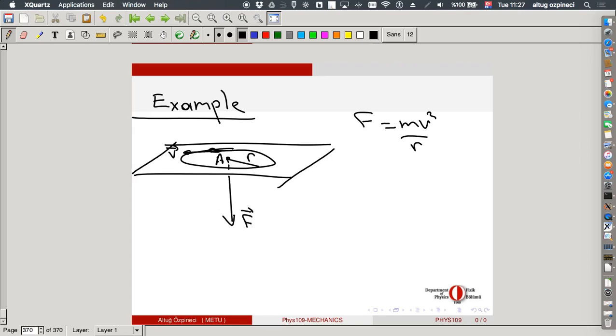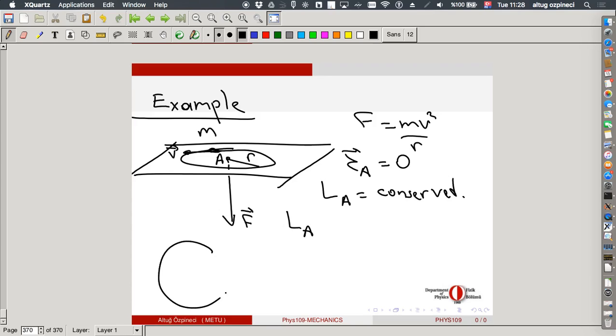If you consider this center A, there is a single force acting on my mass M, and that force goes through the point A. So the torque relative to the point A is 0, which tells me that the angular momentum relative to the point A is conserved. So what is the angular momentum relative to A?